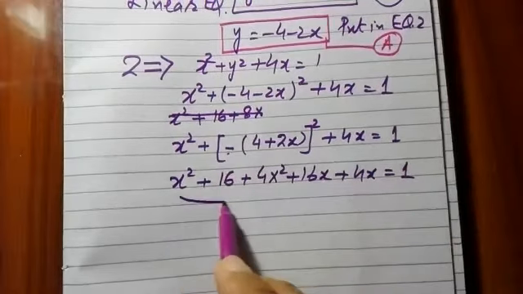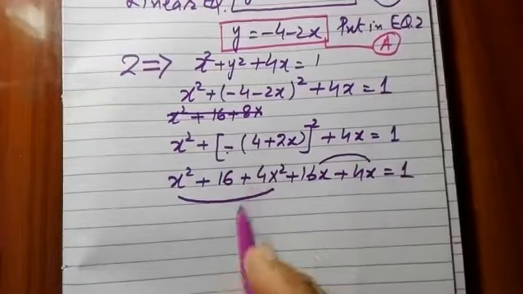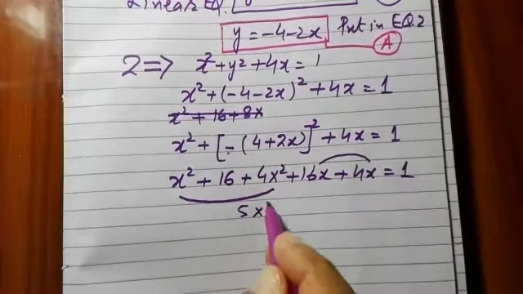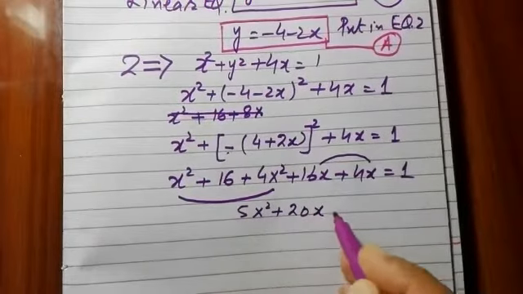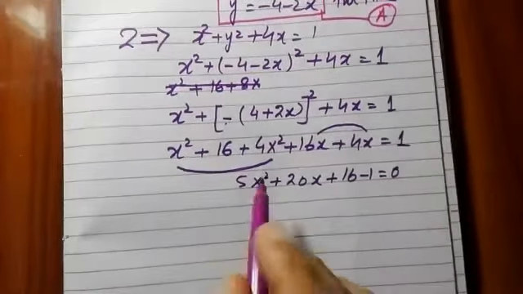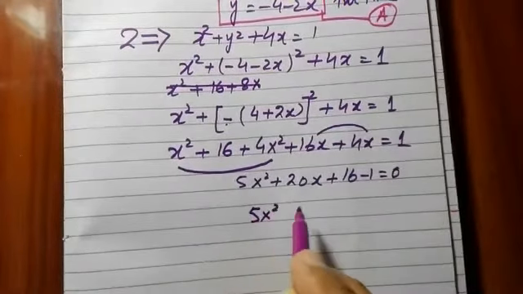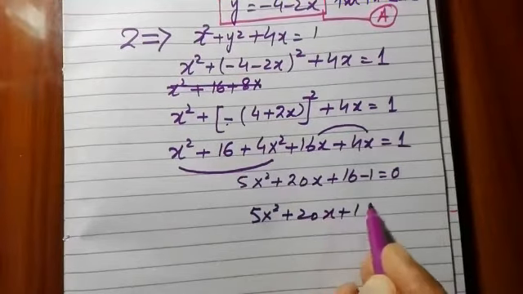You pair up the terms involving x square, you pair up the terms involving x only, and the equation will become 5x square plus 20x plus 16, and you shift minus 1 from the right hand side, and the reduced quadratic equation becomes 5x square plus 20x plus 15 equals to 0.